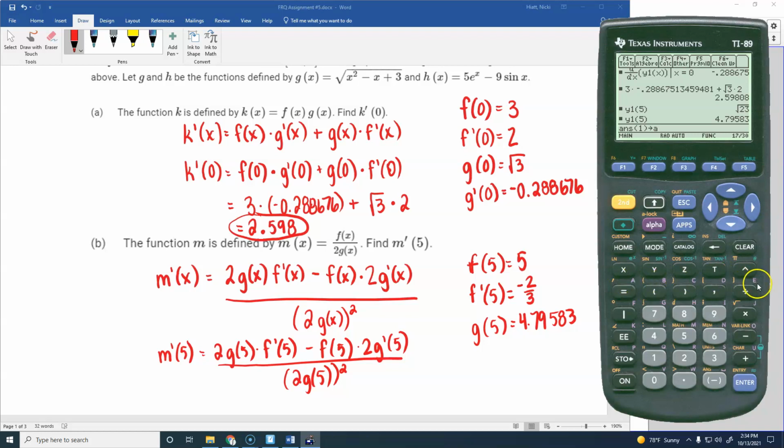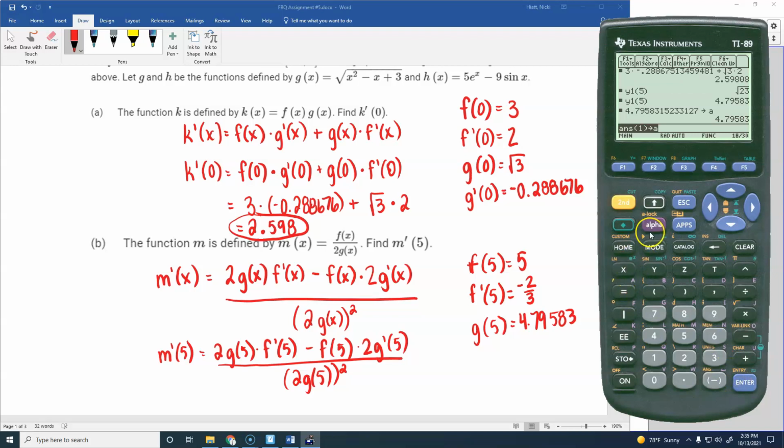They're purple here, but I think they're white on yours. So that number that you just got, you're going to hit STO, which is right there beside the 1, and then any letter you want. I'm just going to use an A. So you just hit the alpha button, and then up here in the corner, you've got all of your letters. I just chose A there and hit enter.